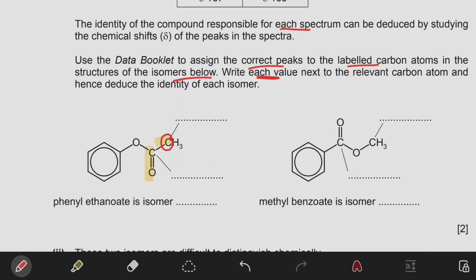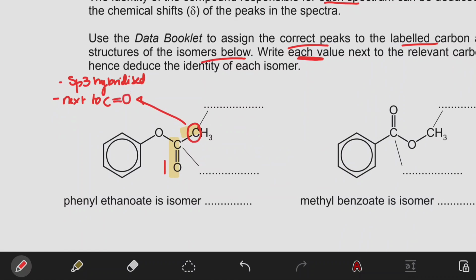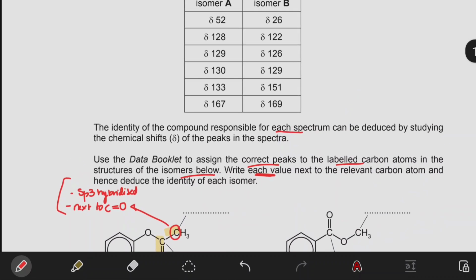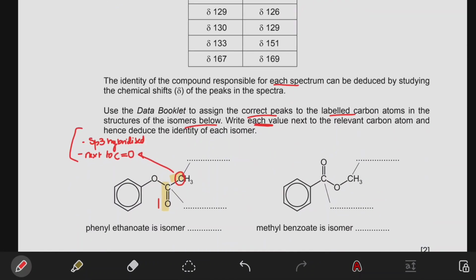Let me write down points for it. Now you can very easily read off the peak from your data booklet: the range is 25 to 50, and this is very distinct in this table. There's no other peak smaller than 50 except this one, so it's going to be 26.